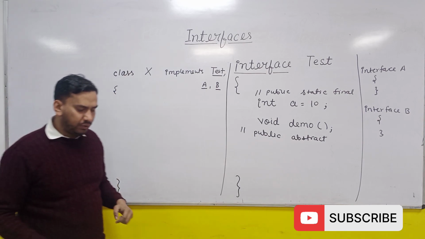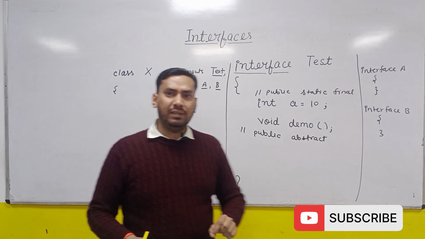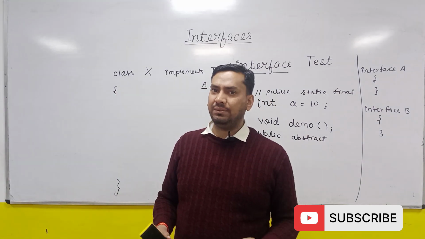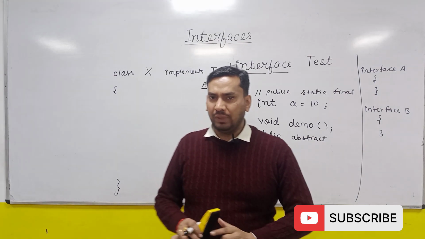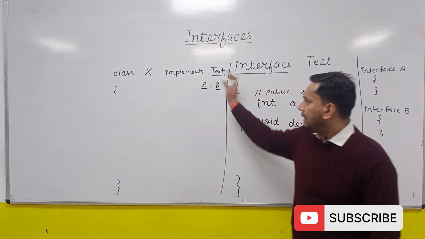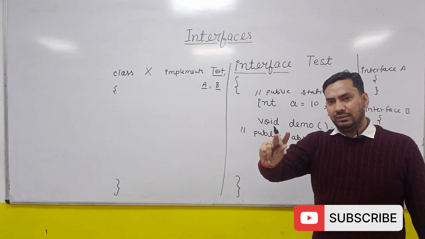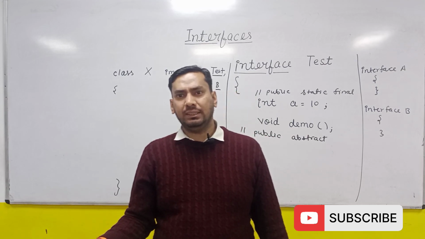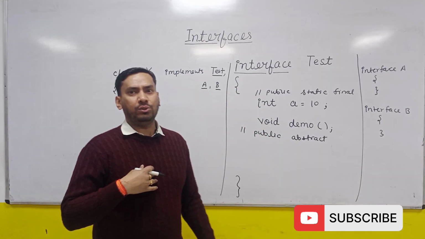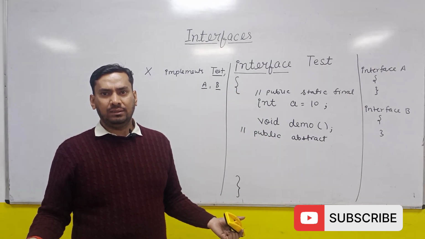And I have already told you that if a class is having any abstract method, even a single abstract method, then the class will have to be declared abstract. So whenever you inherit any interface, you have two choices. Either you override all the abstract methods of the interfaces, or you declare your class abstract.